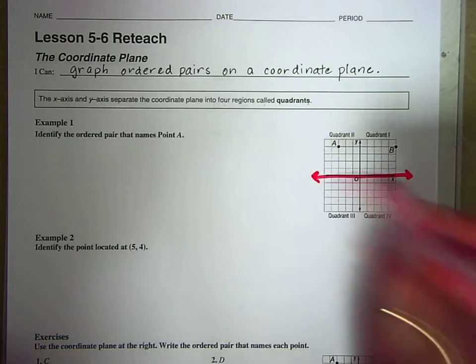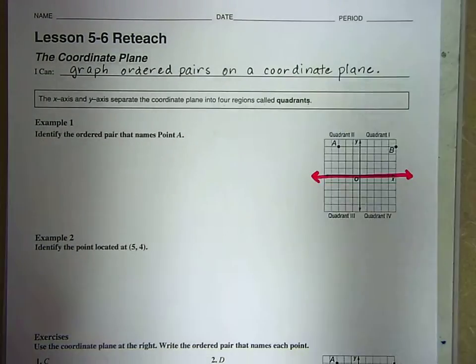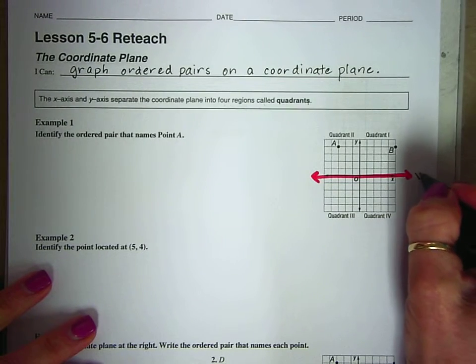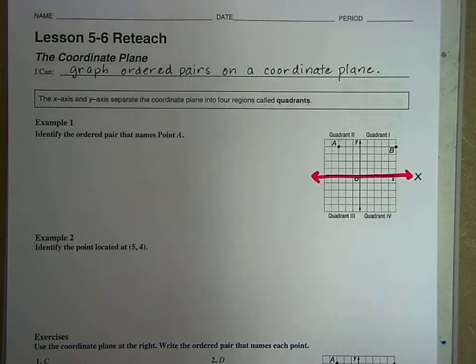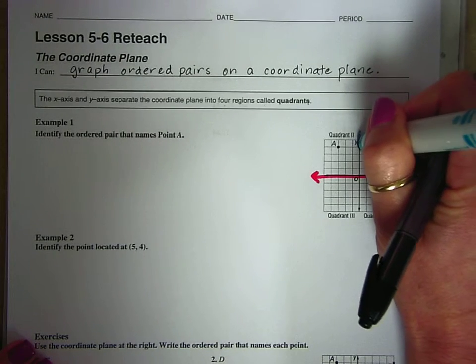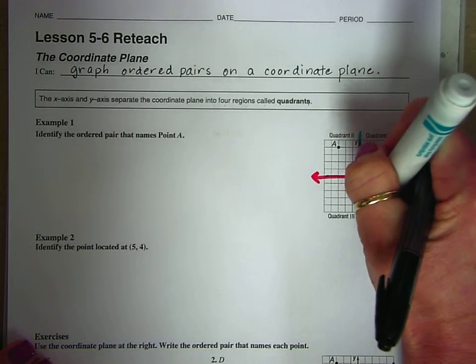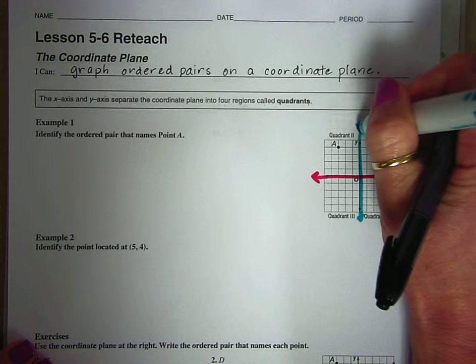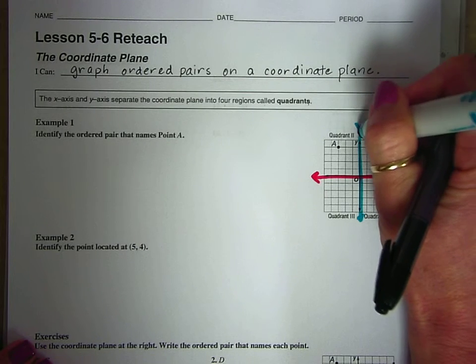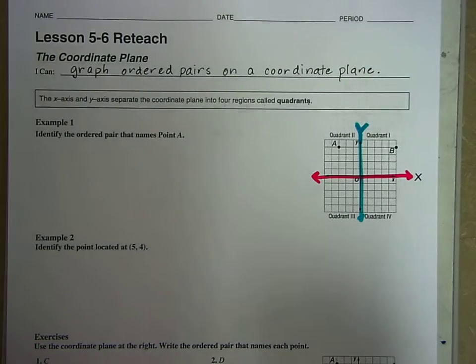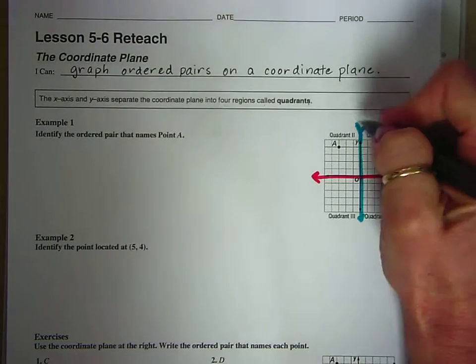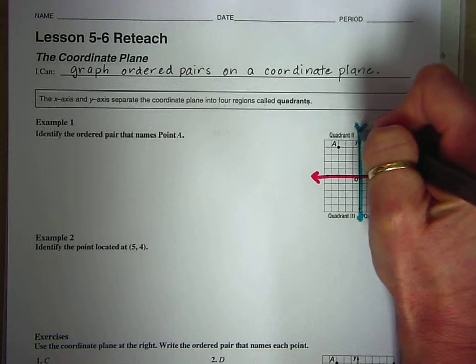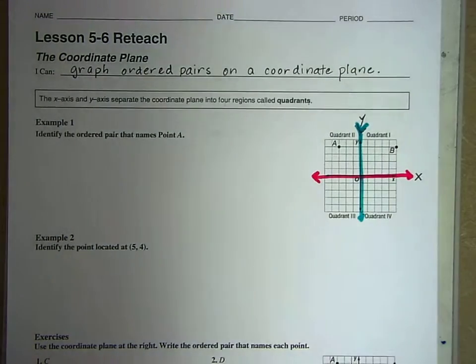Be a good idea, guys, on your notes right here to go ahead and highlight that or something. This is the x-axis, and this is what we call the y-axis. I want to show you something. I always do this. See how that makes a y at the top? That's how you can remember that's the y-axis.